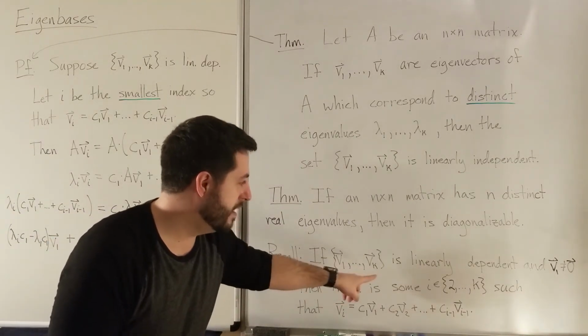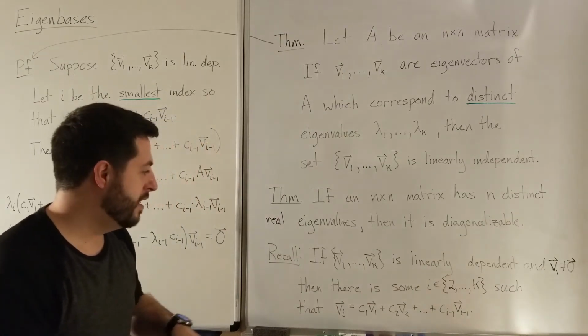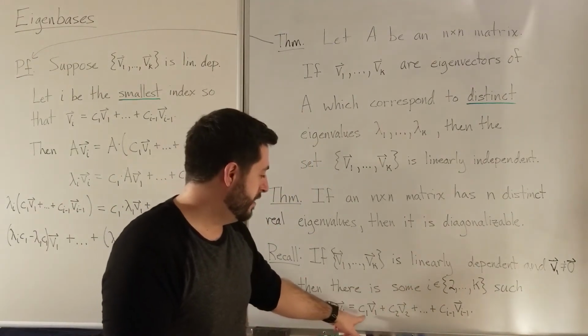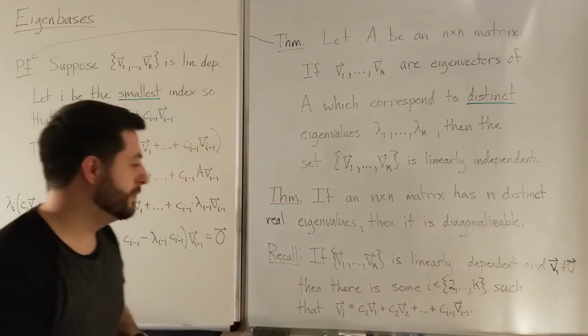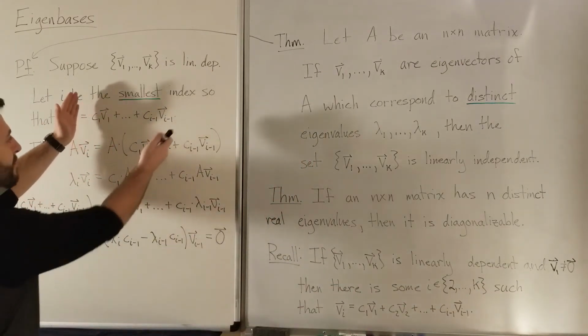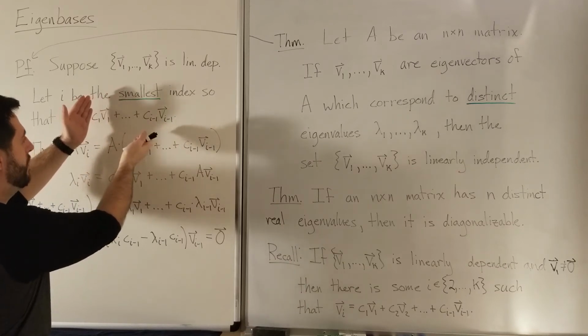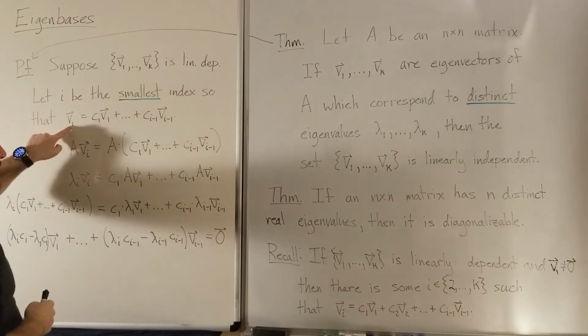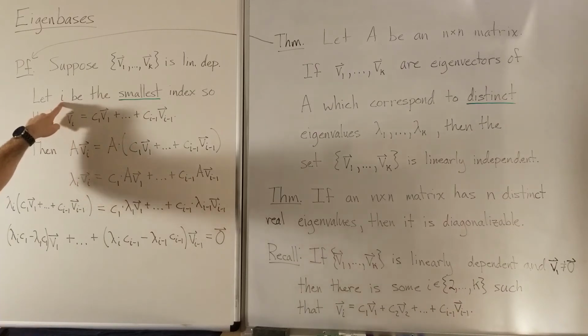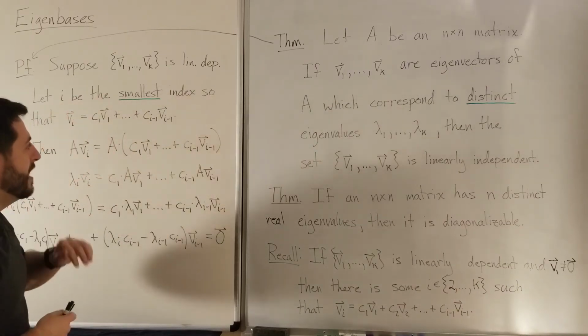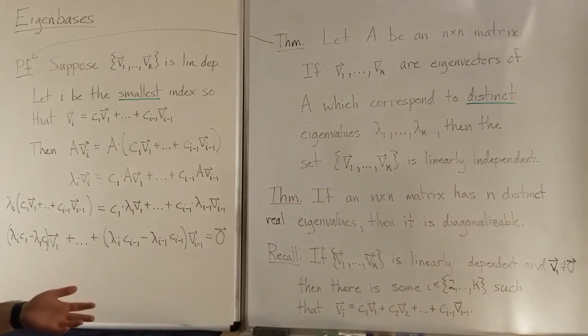Any subset of linearly dependent vectors would have some index i so that v_i could be written as a linear combination of the terms before it. But if I had that for just these vectors here, that would be an example of an index i smaller than the i that I've chosen, so that its v_i is written as a linear combination of the terms that came before it.